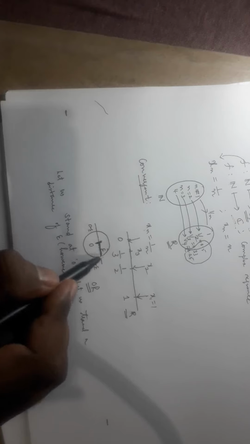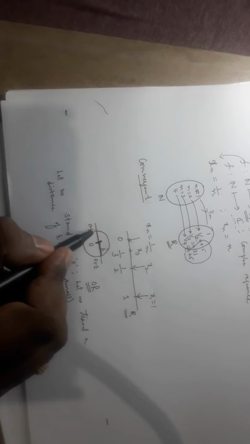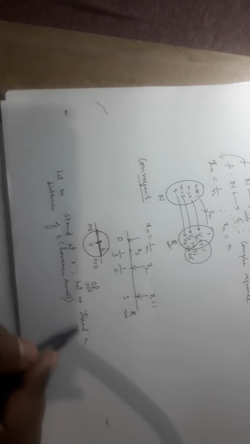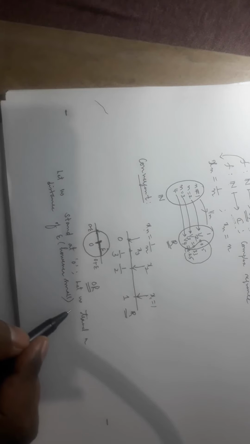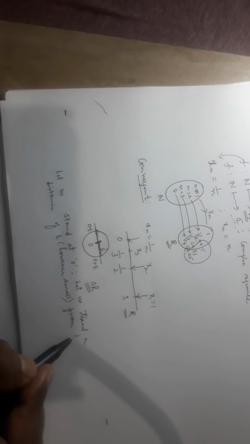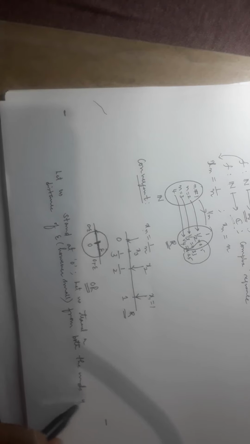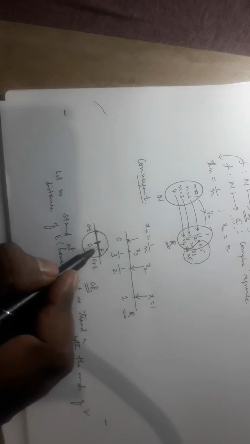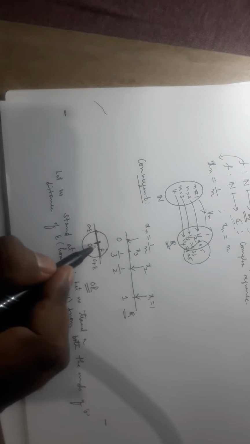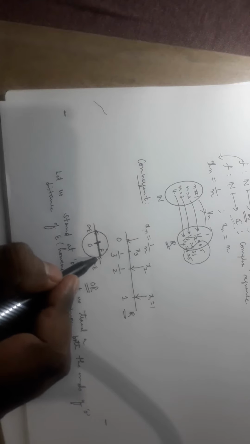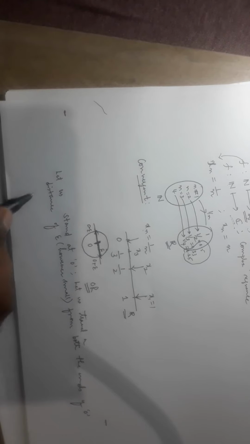The radius is epsilon, and again we will come back here and walk here also, epsilon distance. Let us travel a distance of epsilon from both the ends of 0. That means towards the left of 0 we will walk epsilon, and towards the right of 0 we will walk epsilon distance.